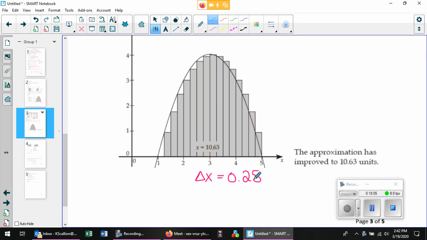So now I cut those rectangles in half. So now this is 0.25, 0.25, 0.25, 0.25. So now there's 4 sections in between: 1, 2, 3, 4. So they're quarters. Our delta x is now 0.25. And the smaller our delta x gets, the more accurate our area is.